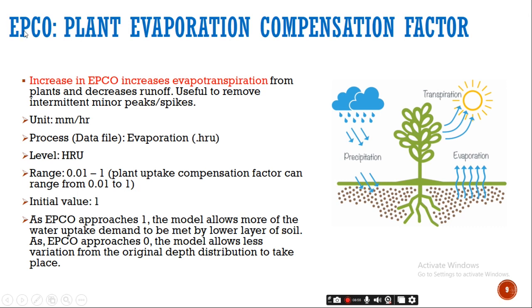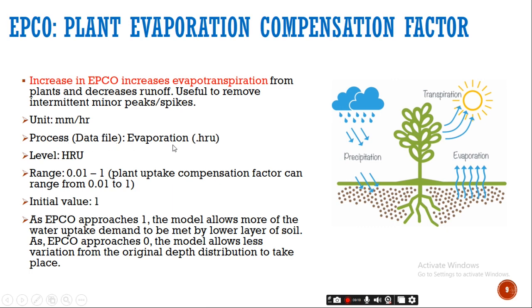Then after, another parameter is EPCO. EPCO means plant evaporation compensation factor. It simply means plant evaporation. If we increase the EPCO, it increases the evapotranspiration from plants and decreases runoff. It is useful to remove intermittent minor peaks and spikes, and its unit is mm per hour.